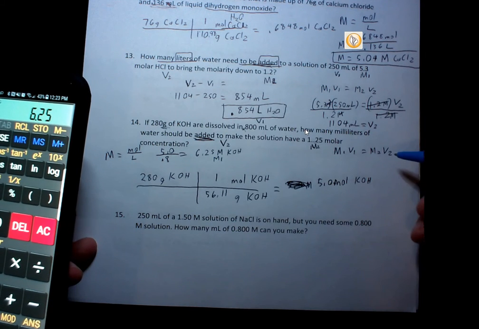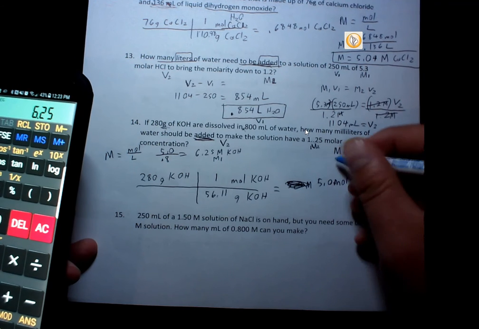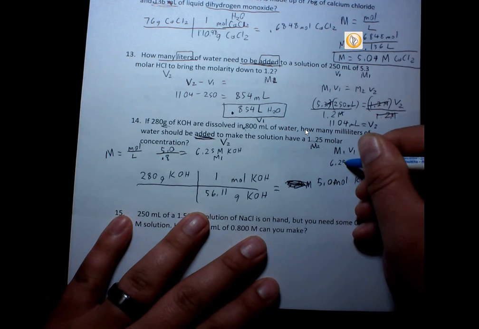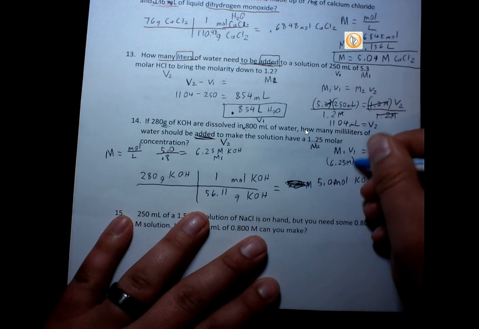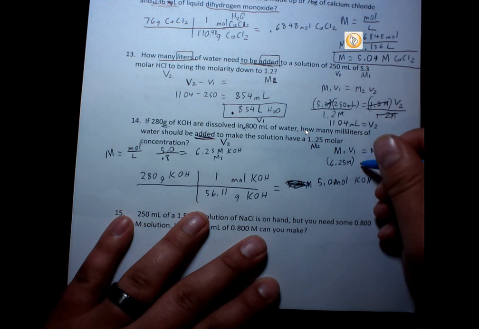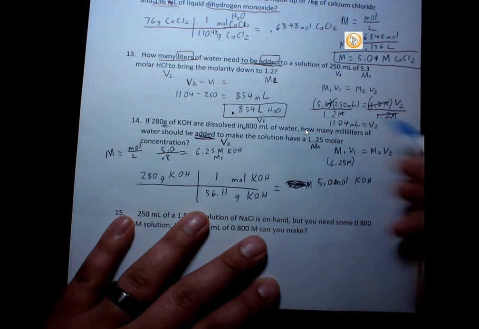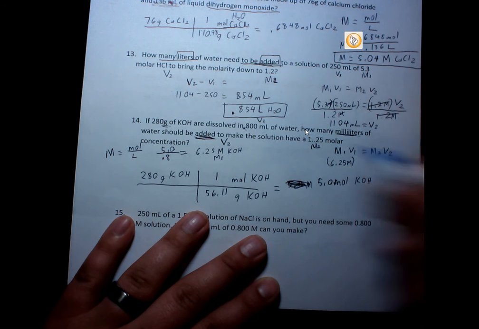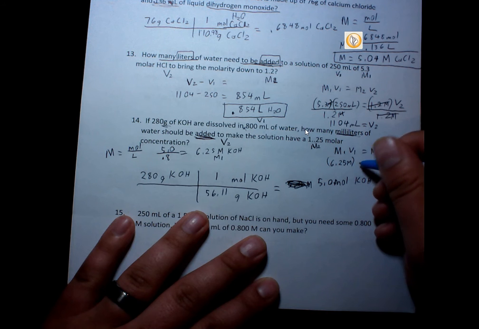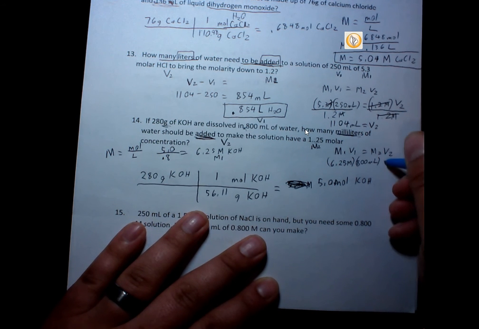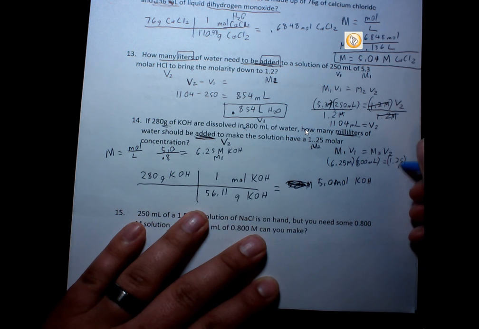So we can move back to this side. M1, 6.25 times V1, we have 800 milliliters, or you could keep it as 0.8 liters. But the question's asking about milliliters, so you might as well leave it milliliters. Times 800 milliliters is equal to 1.25 M times V2.